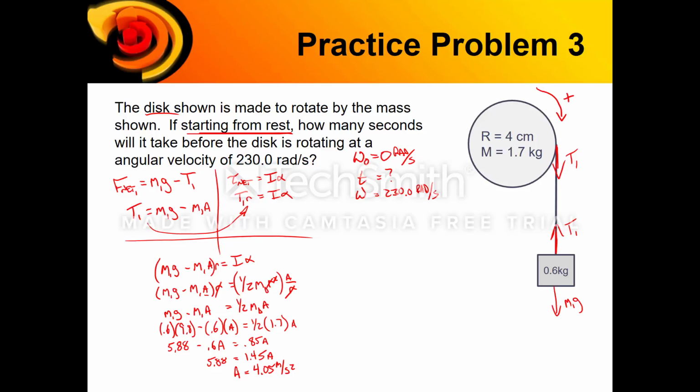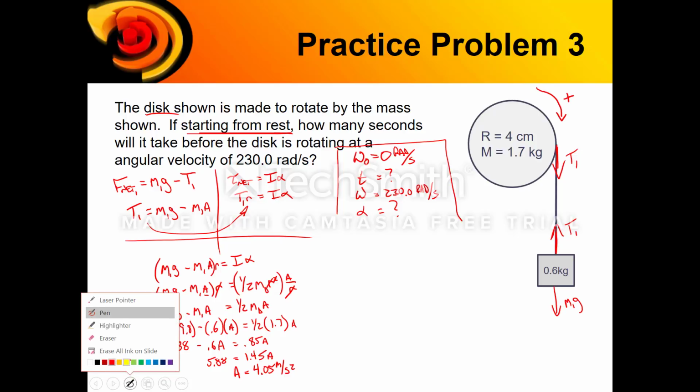So we look again, and it's starting to look like angular kinematics. All our angular kinematics problems have an alpha in there, so we have to be able to find that in order to start working with our angular kinematics.